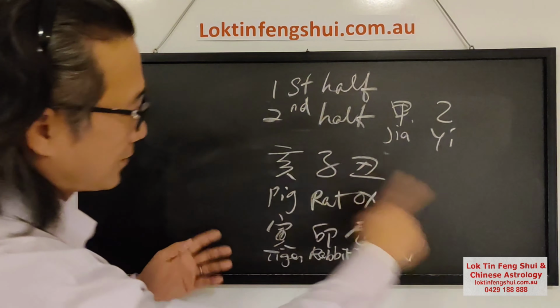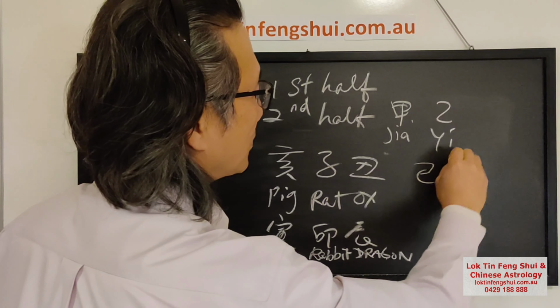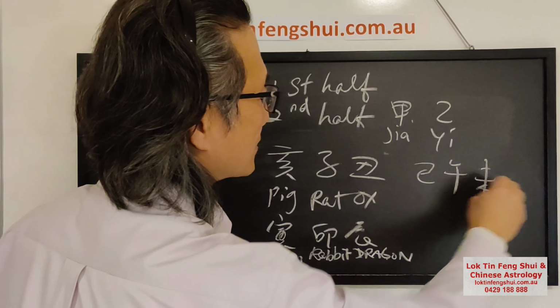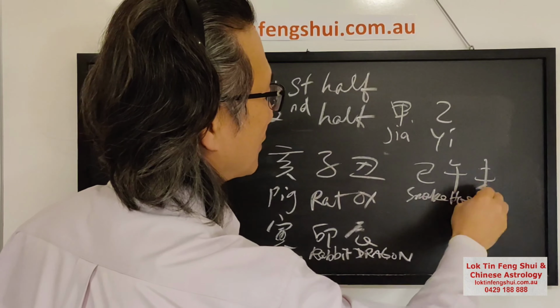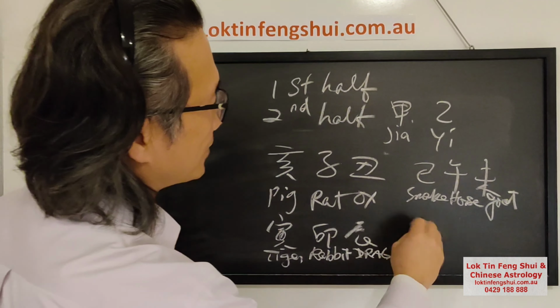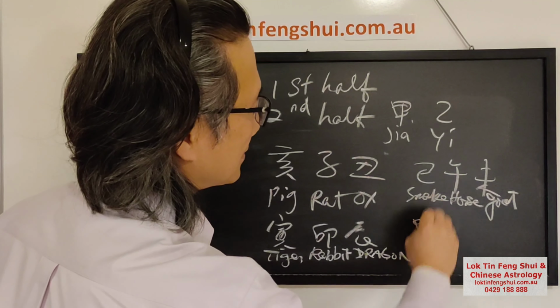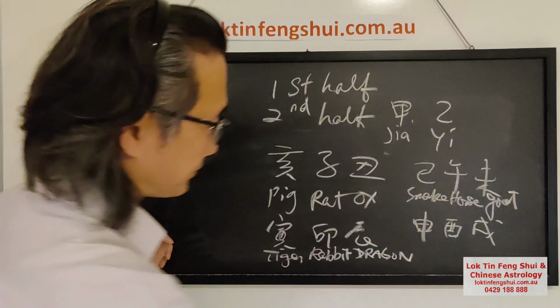And then of course the other one is snake, horse, and goat. And then we have the monkey, the rooster, and the dog.